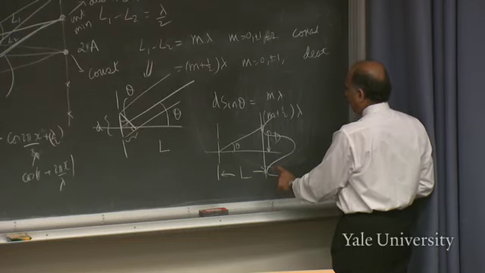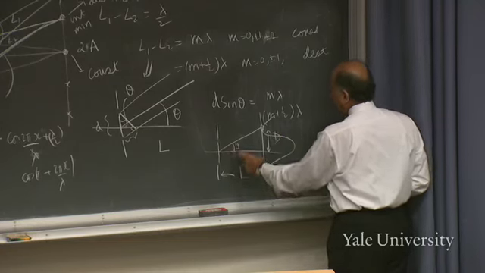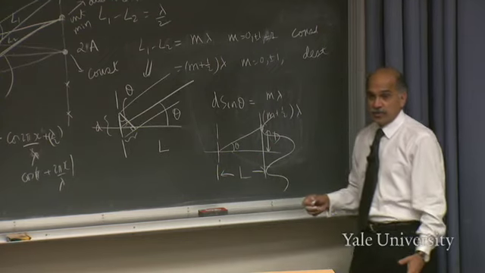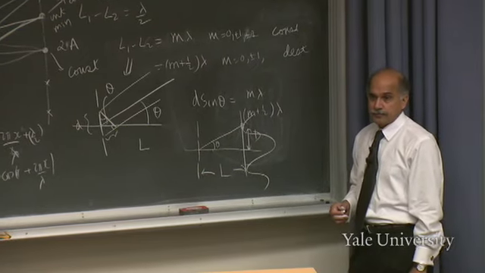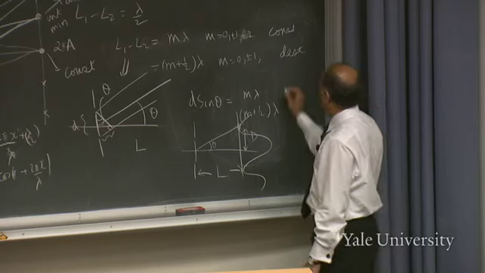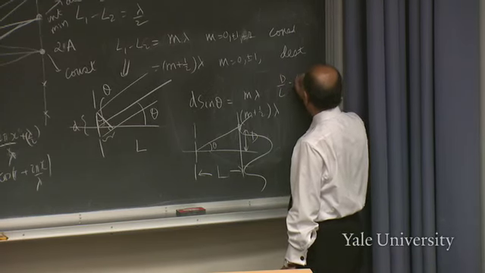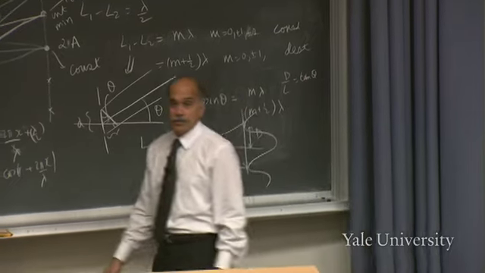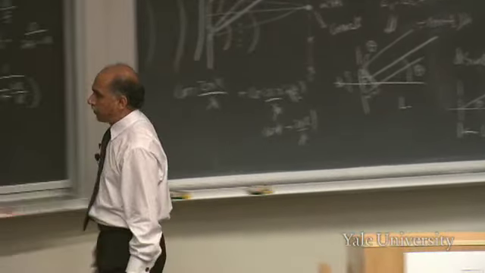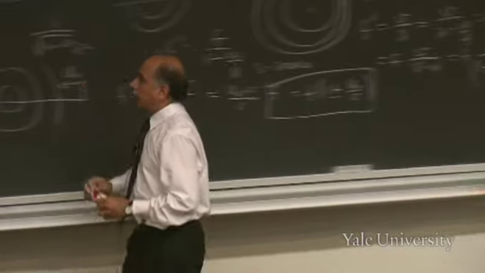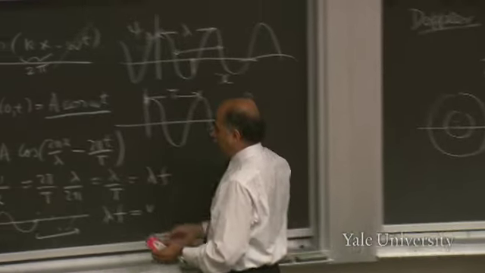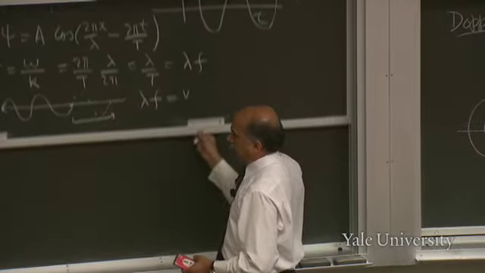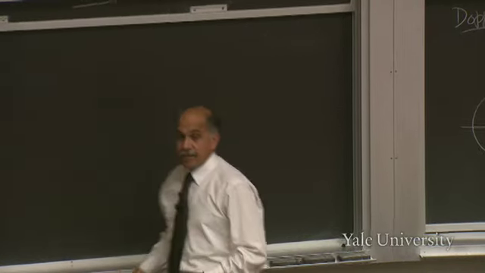But then it's trigonometry to understand that d over L is just tan theta. So if you knew theta, you can find d over L. So d over L is tan theta. So the problems you can get are either lambda is given to you and theta has to be found, or theta is given to you and lambda has to be found.